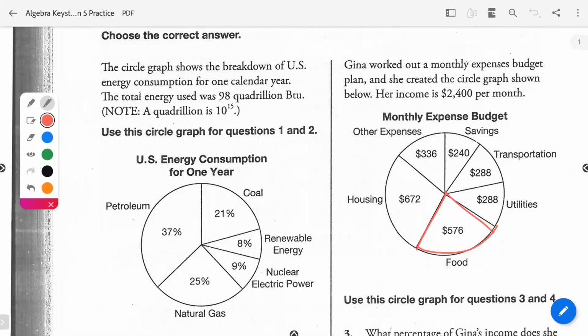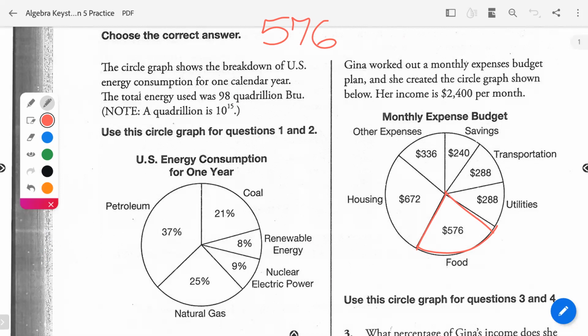All right, 576. If I want to find out what percent of my graph is based on food, this is all I have to do. Start with the number associated with food, 576, and then you need a grand total.